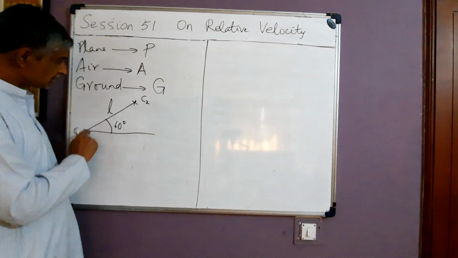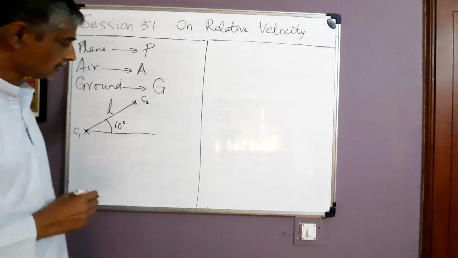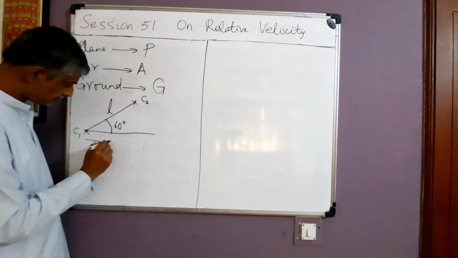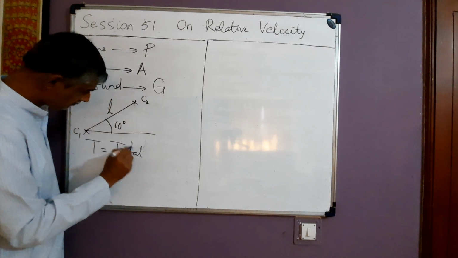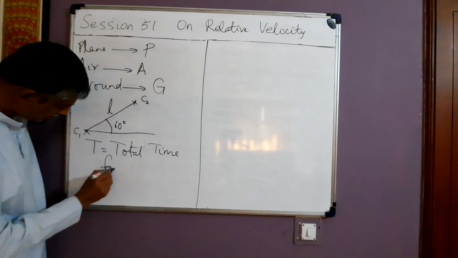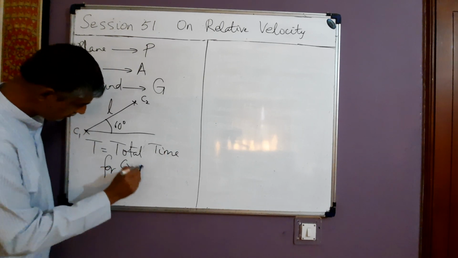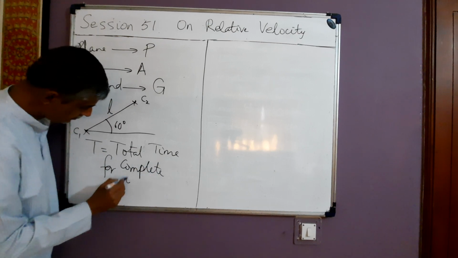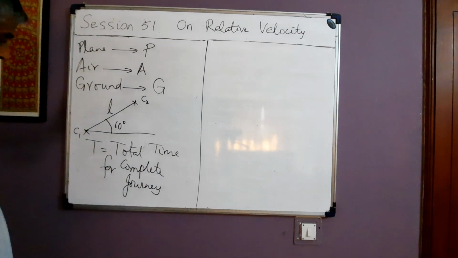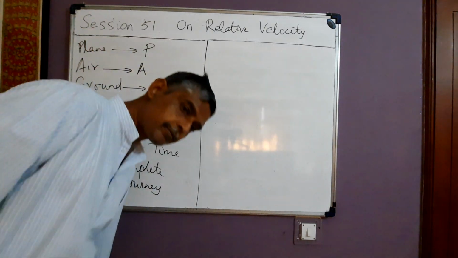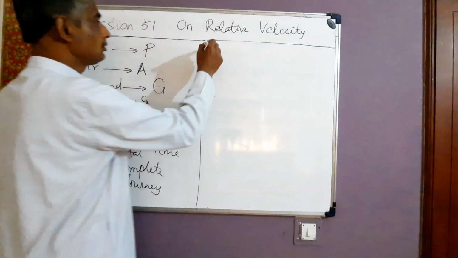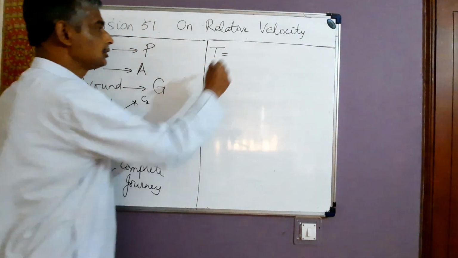Now the plane flies from C1 to C2 and then back to C1. Let T be the total time taken by the plane for the complete journey. So T is T1 plus T2.